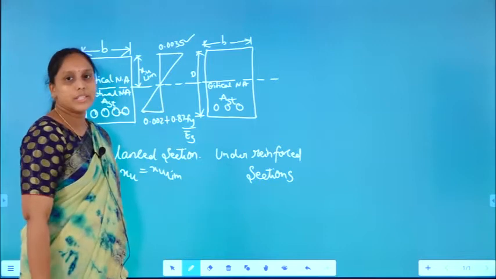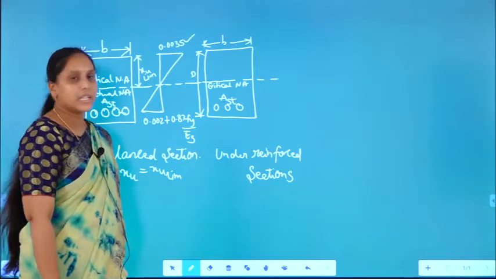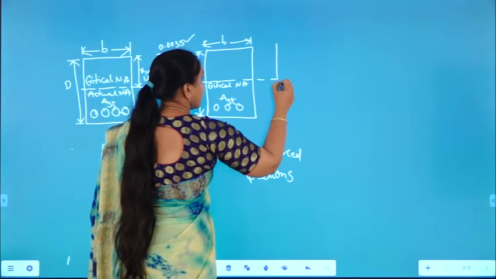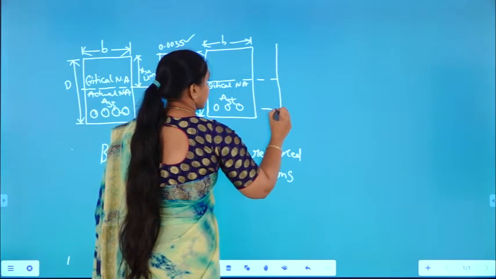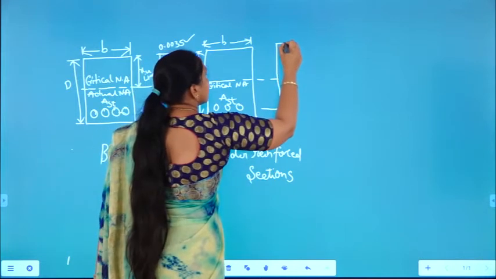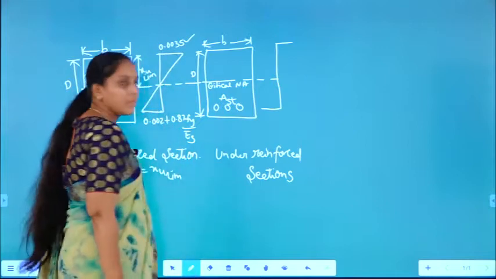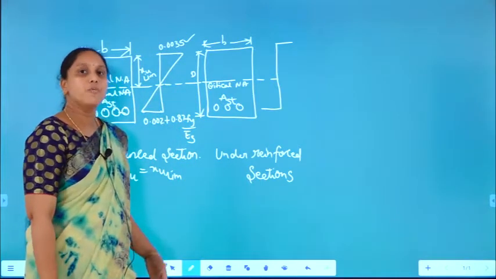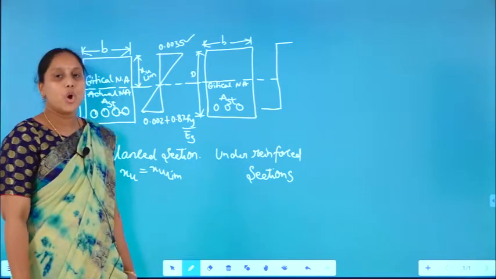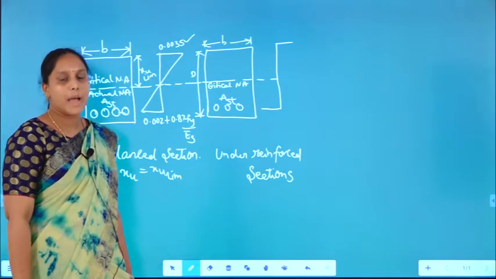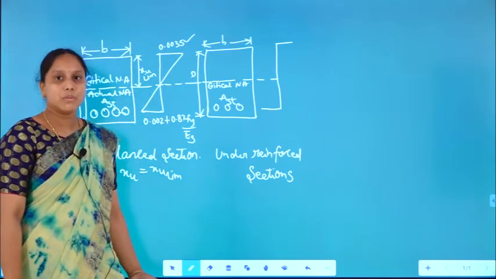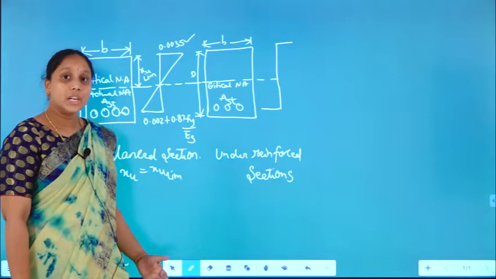So, now let us draw the strain profile for this particular under reinforced section. In an under reinforced section, what we are doing here? We are providing less reinforcement. So, due to provision of less reinforcement than that required for a balanced section, the steel is reaching its maximum strain value first, before the concrete.